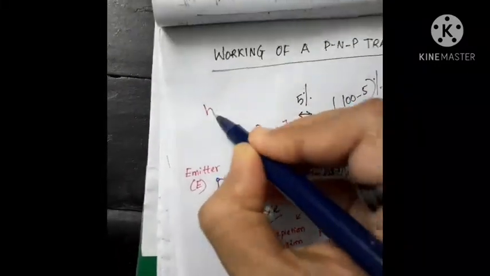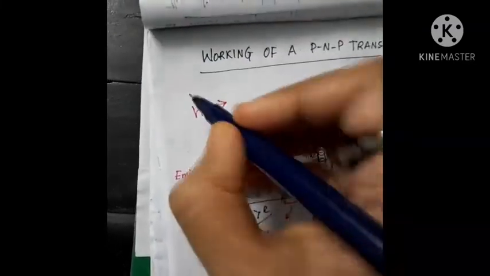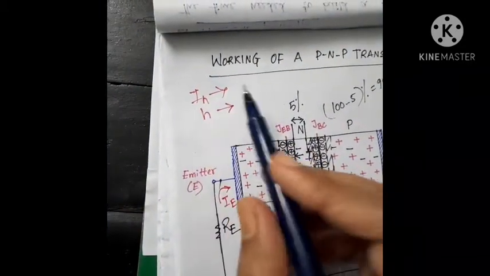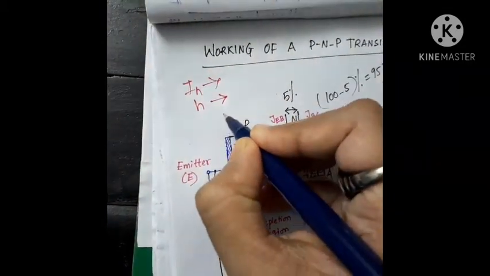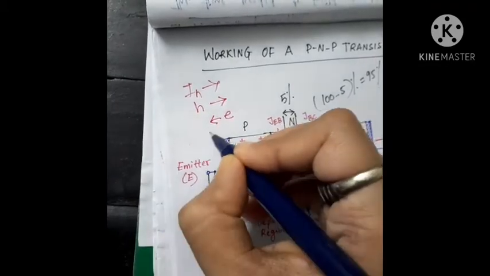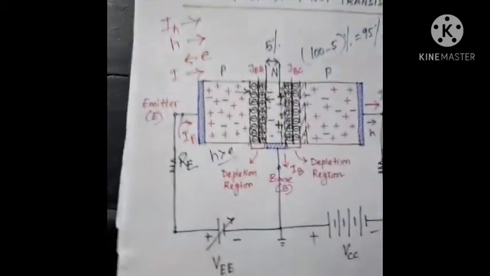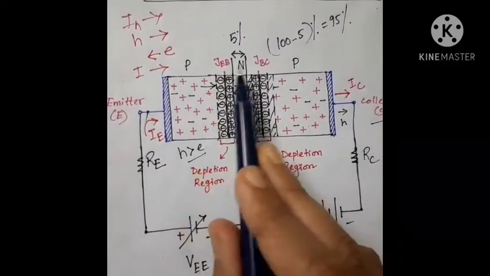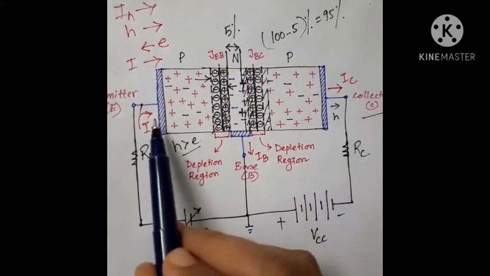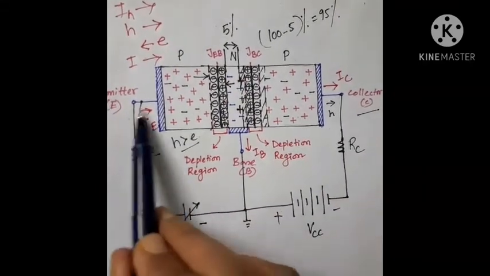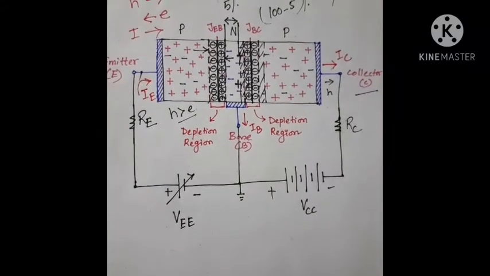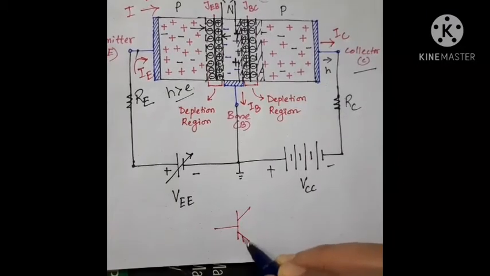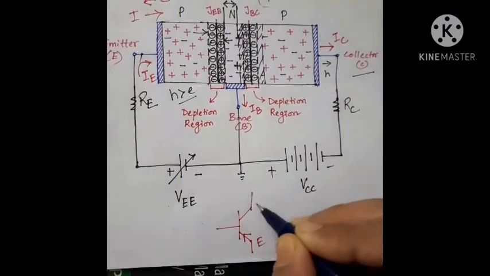If a hole is flowing in this direction, then the current will flow in this direction. Or if the electron is flowing in this direction, then the current will flow in the opposite direction. So here also, considering the flow of holes from P to N, the current is flowing from P to N, that is, the current is inward. The symbolic representation you have also seen, that is, we have drawn the emitter current inward, right?